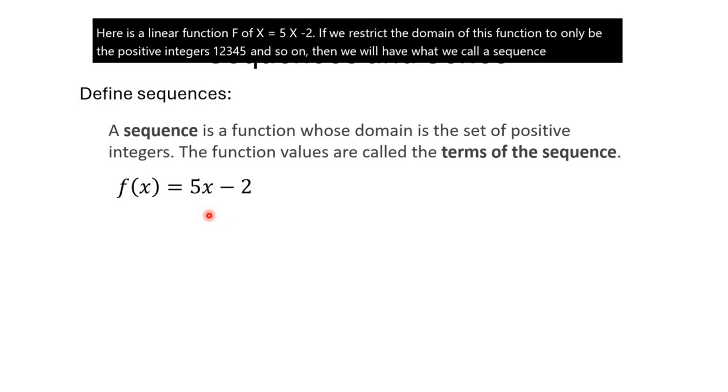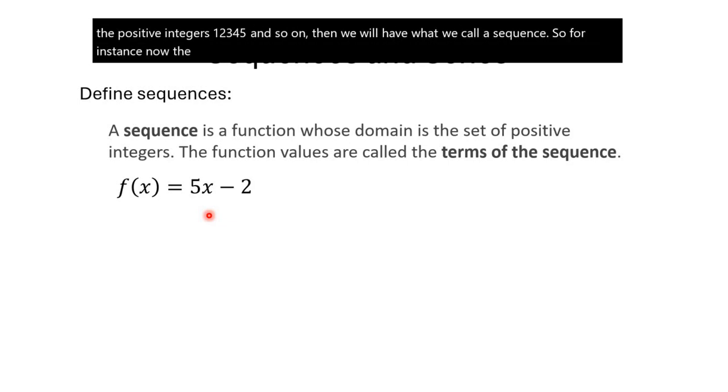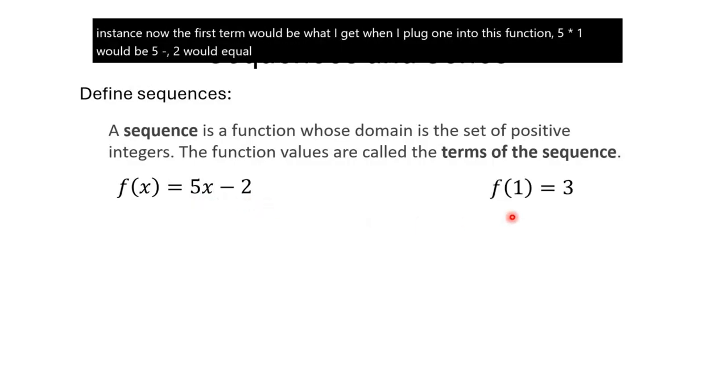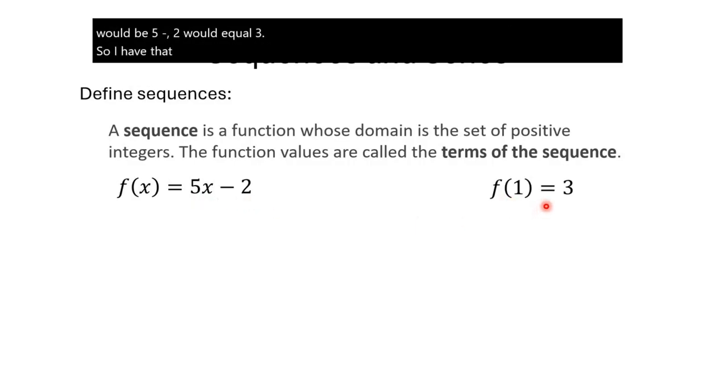So for instance now, the first term would be what I get when I plug 1 into this function. 5 times 1 would be 5, minus 2 would equal 3. So I have that f of 1 is equal to 3. If I plug 2 in, which is the next positive integer, well, 5 times 2 is 10, 10 minus 2 is 8.